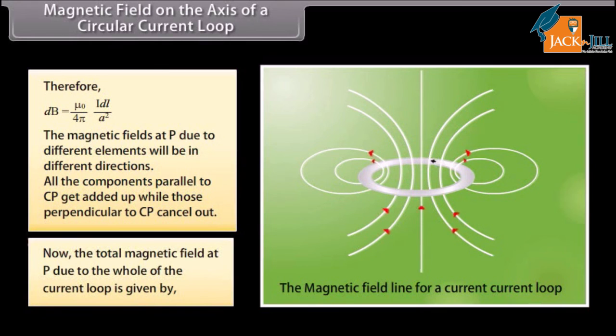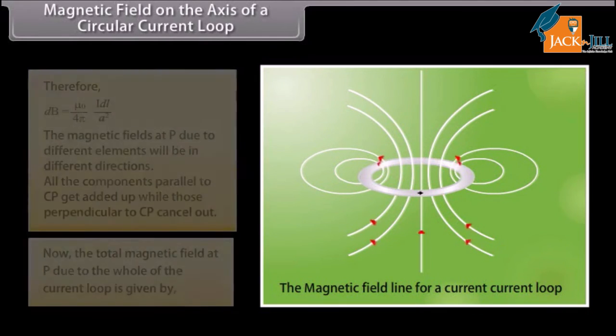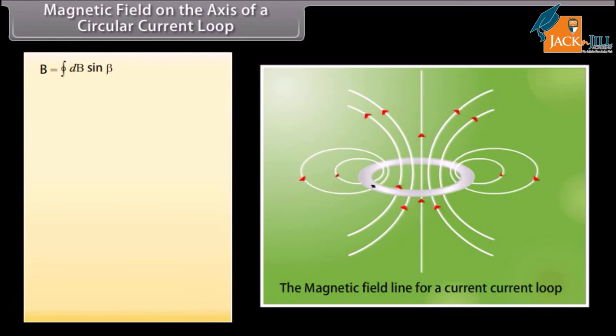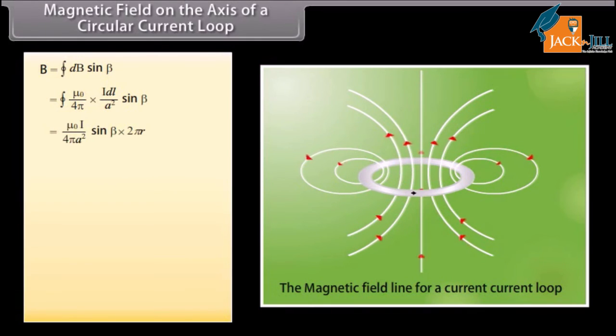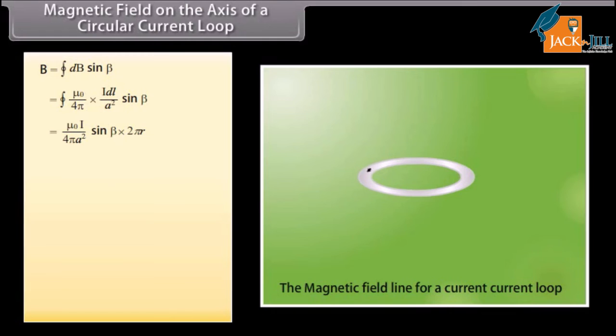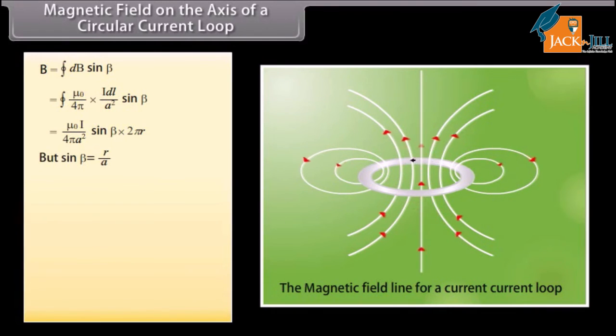Now the total magnetic field at P due to the whole of the current loop is given by closed integral of dB sine beta. By putting the values in this equation, we get the total magnetic field at P equal to mu naught I upon 4 pi a square multiplied by sine beta and 2 pi r. But sine beta is equal to r upon a.